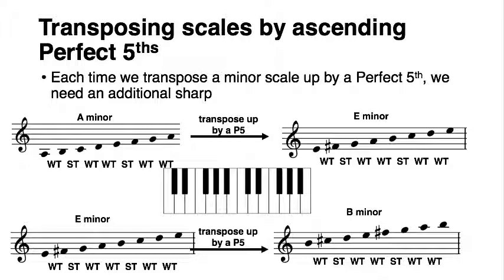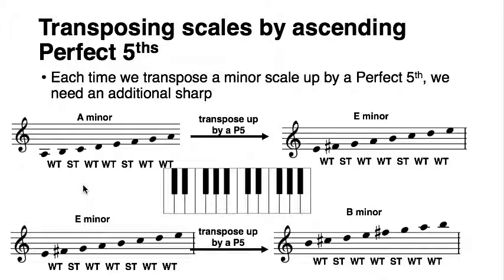It's applying a set of intervals, in this case, the whole tone semitone pattern of the scale, so that it begins at a different starting note, right? So if we do apply this whole tone semitone pattern, which we have seen previously, of the minor scale, so that it starts a perfect fifth above A minor, right? We're going to need to use an additional sharp.